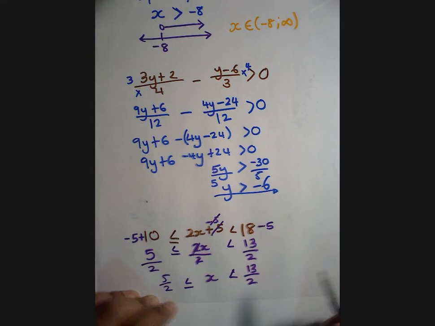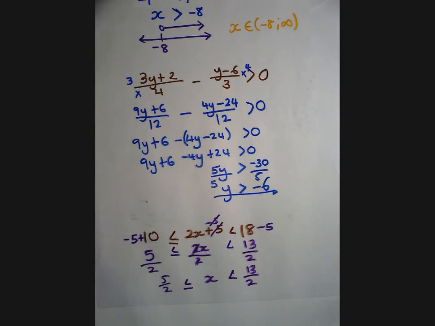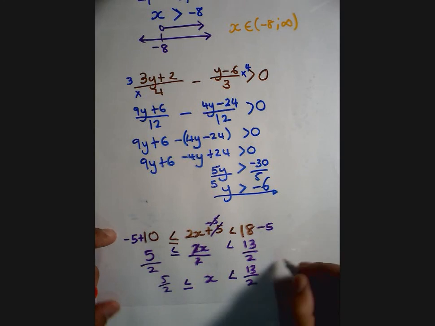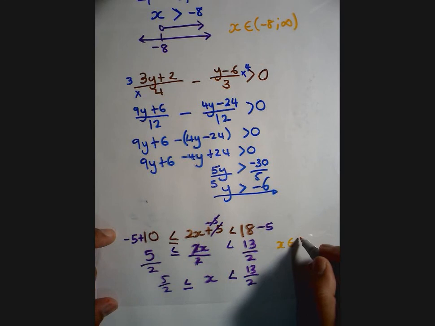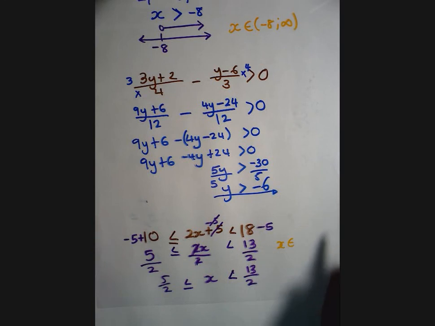So when I have to draw this graphically or in interval notation, it'll basically be x is an element of, and it's between these two numbers.